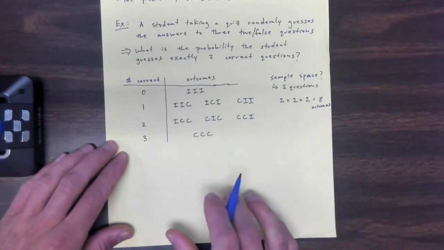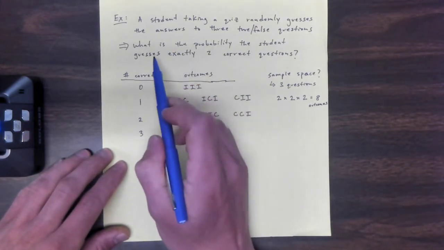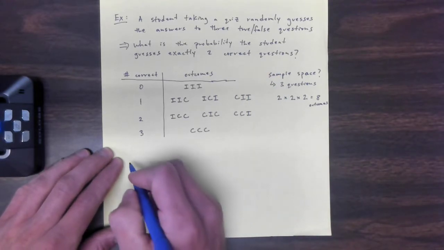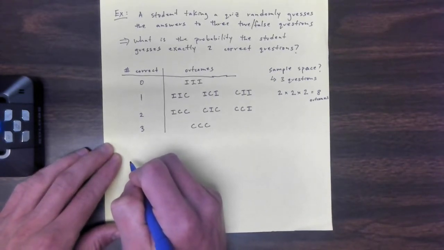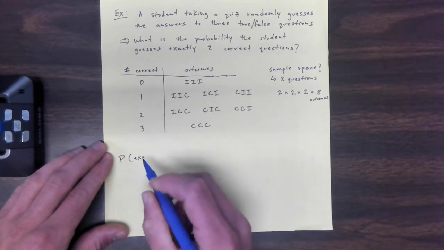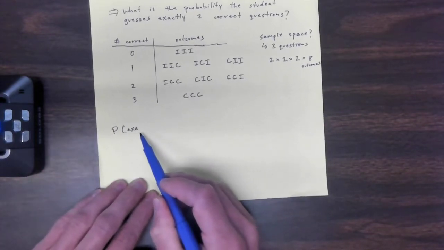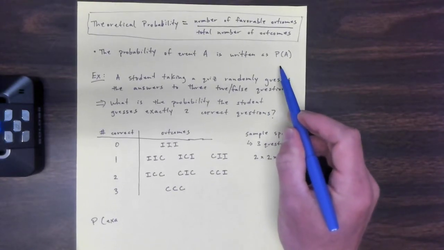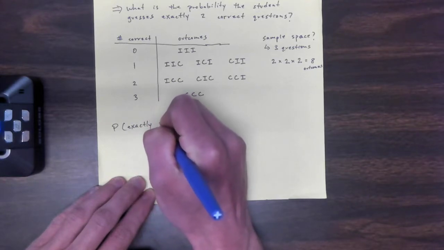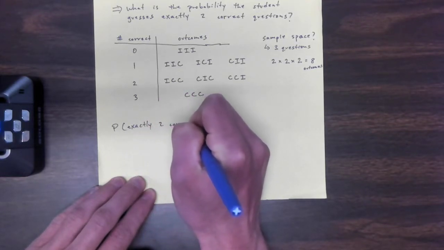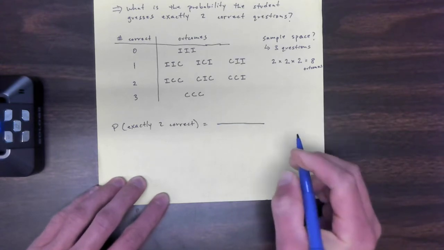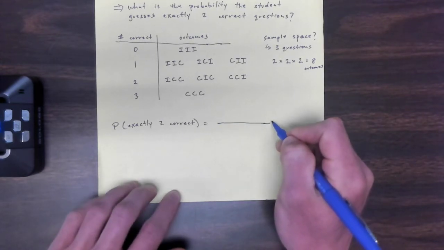Okay, so we're going to move towards finding the probability that the student guesses exactly 2 correct. Let's write that out. We have the probability of exactly 2 correct. Remember our notation here, P of A. That equals the number of favorable outcomes.